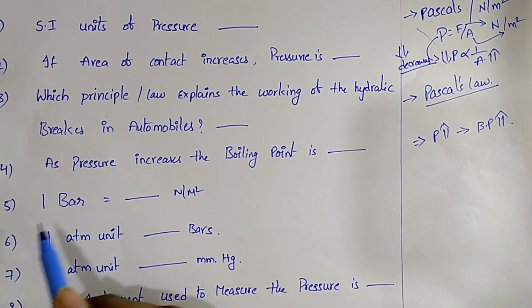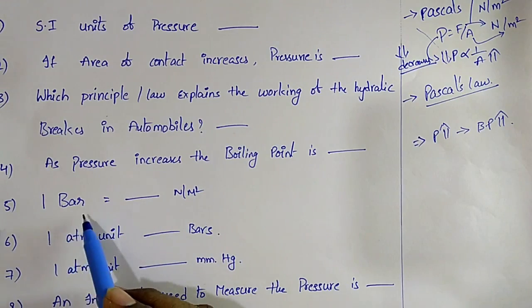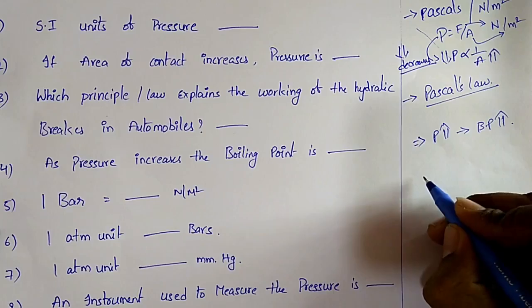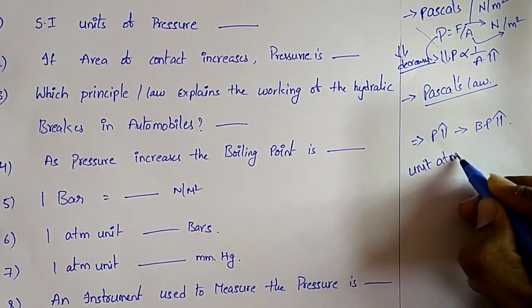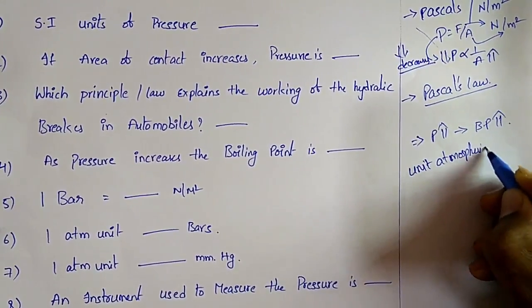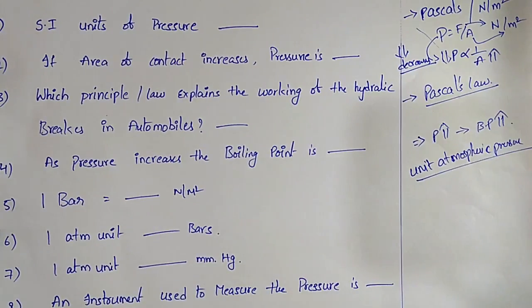And fifth one, 1 bar equal to dash Newton per meter square. Here bar is nothing but a unit of atmospheric pressure. In the theory class, I explained in detail.